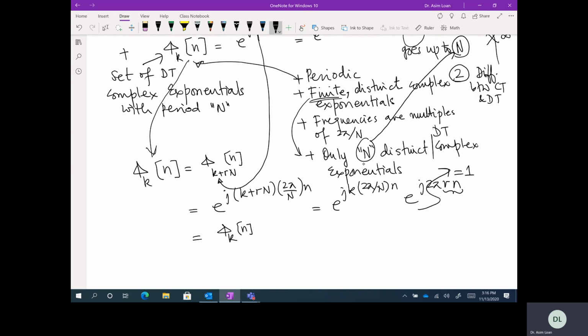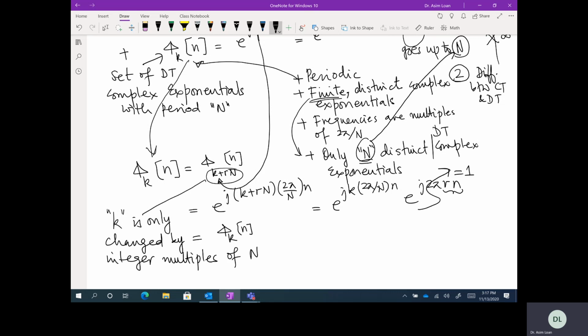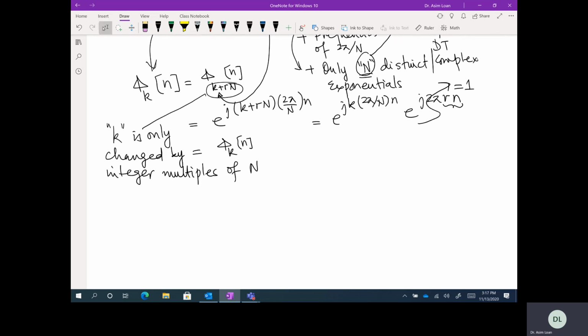So we have only N distinct complex exponentials. This implies k is only changed by integer multiples of N.